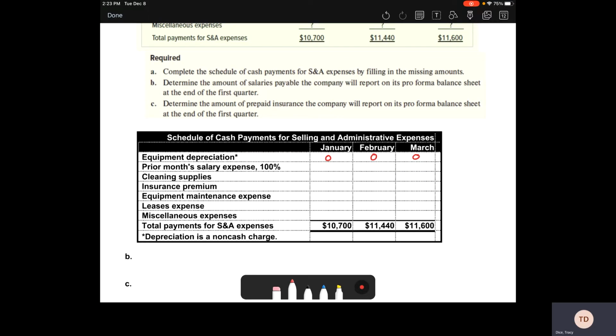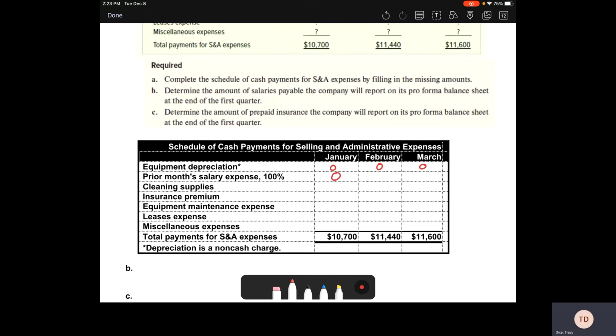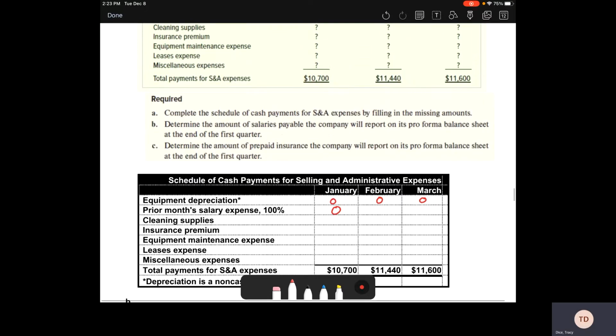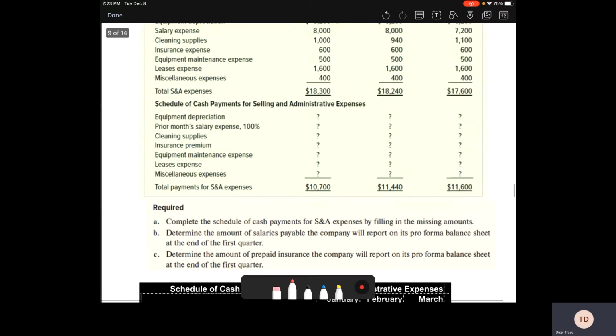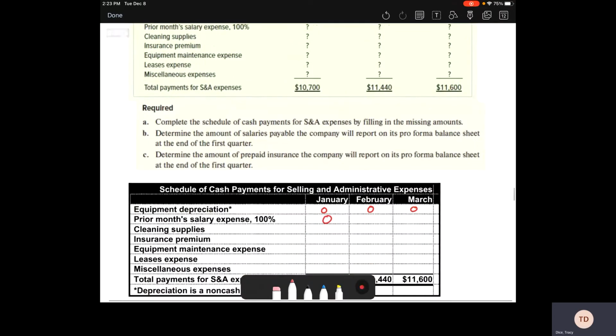All right, now we've got the prior month's salary expense. So we know that we're starting in January, which means there was zero salary in December. So now what we've got to do is figure out, okay, for February, what was January's salary? Well, January salary was $8,000, so that's what we're going to pay off in February.